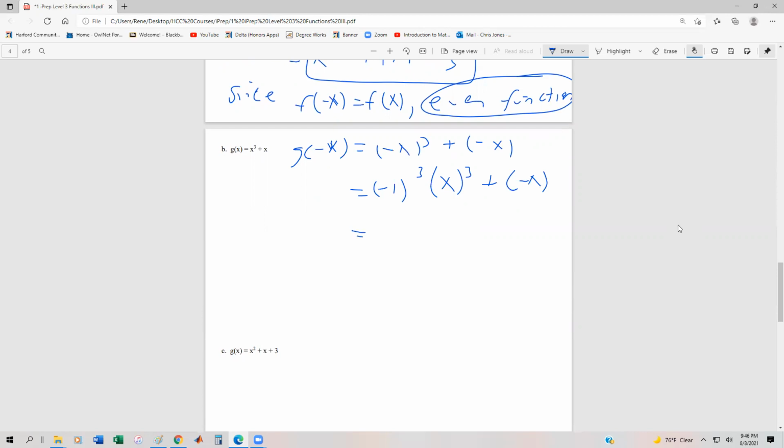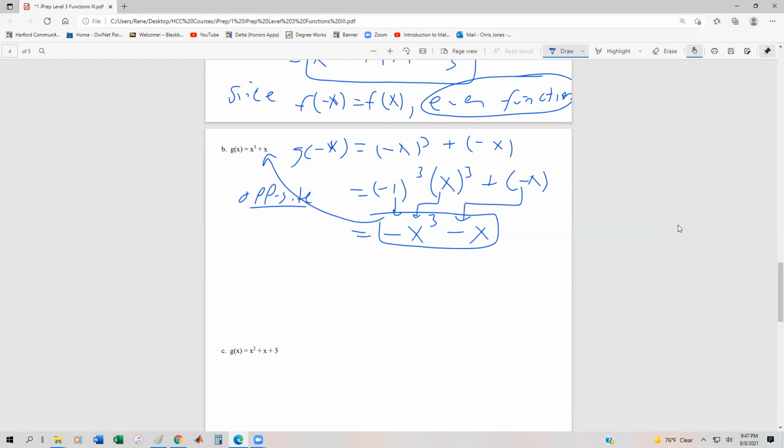And we know that if we raise a -1 to the third power, negative times negative times negative, that's going to stay a -1. We bring down the x cubed, and then this plus a negative x just becomes a negative x. And we notice that this is actually going to be the opposite of what we started with.